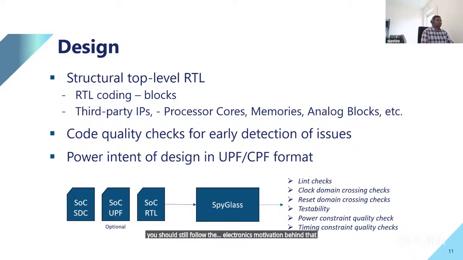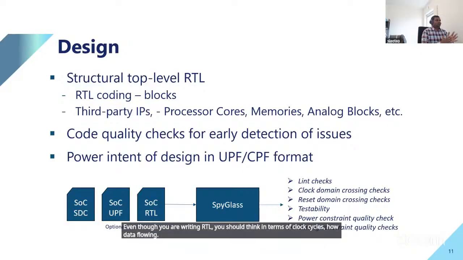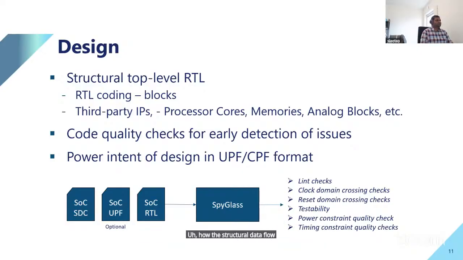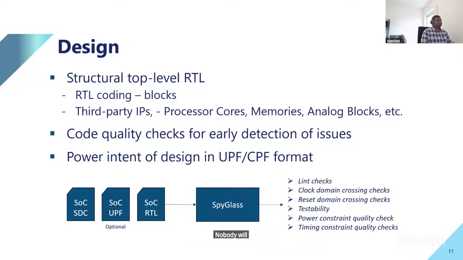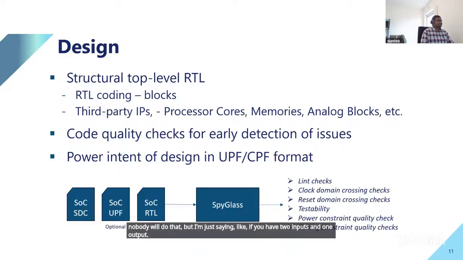Even though you are writing RTL, you should think in terms of clock cycles, how data is flowing, the structural data flow graph. But that will give you more functional information, like Boolean information. Let's say you're making only an AND gate chip, nobody will do that, but I'm just saying, you have two inputs and one output, and your functionality is ANDing.